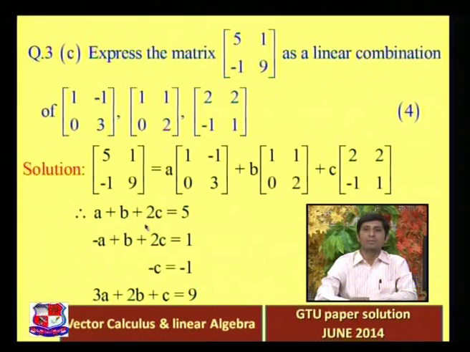Next, minus A plus B plus 2C is equal to 1. Then 0 into A plus 0 into B plus minus 1 into C is equal to minus 1, and 3A plus 2B plus C is equal to 9, right?